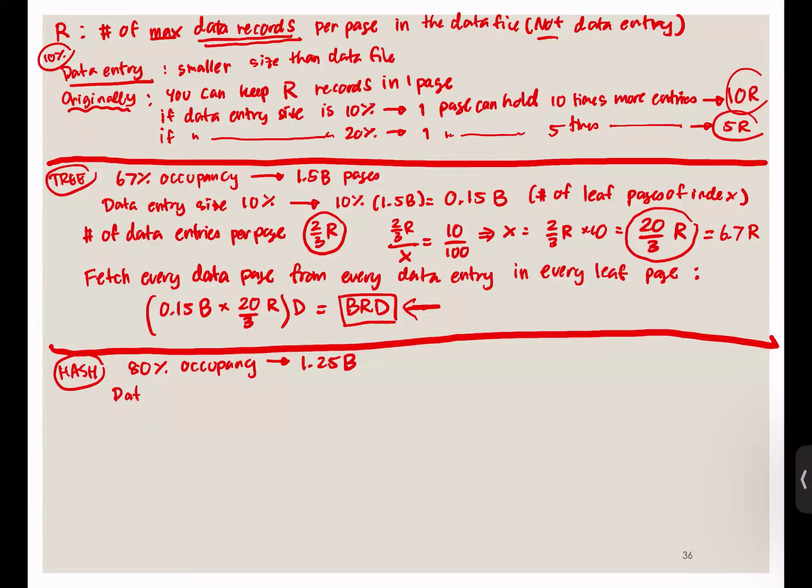And the same idea, for data entry size, let's assume that it's 10%. So 10% of 1.25 B, that's 0.125 B. That's the number of buckets of index.